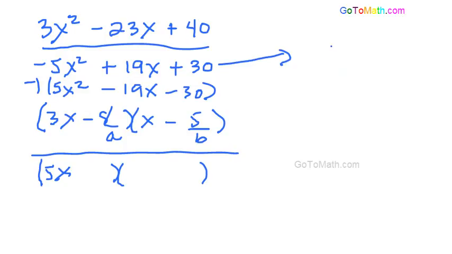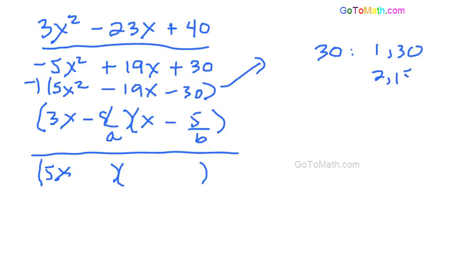Now 30: 1 and 30, 2 and 15, 3 and 5, so that's going to be 6 and 5. I think that's going to be it. A times B is equal to negative 30, and 5 times B plus A is going to be equal to negative 19.